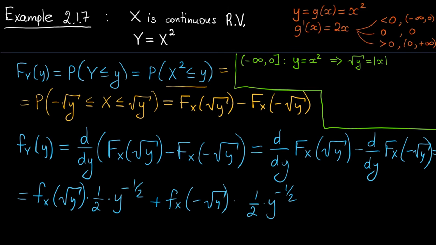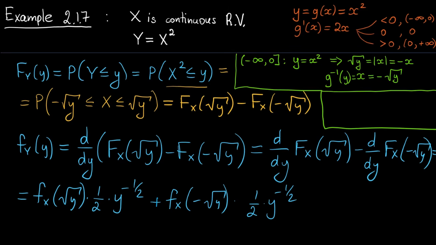And because x here lives on the interval from negative infinity to 0, the absolute value of x will evaluate to minus x. Therefore, we get that x is equal to minus square root of y. And this is the inverse function on this segment.